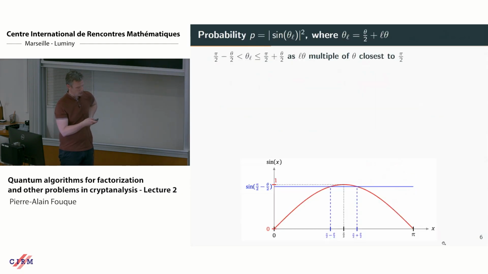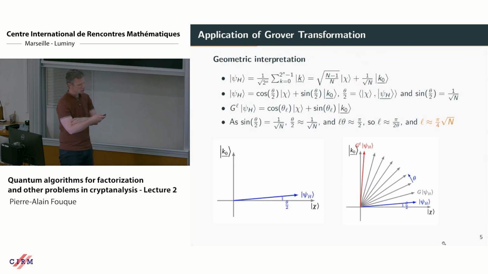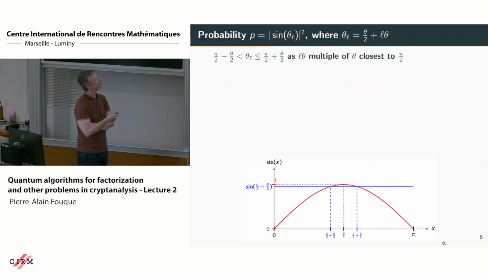Now I have to compute exactly what is the probability to observe the state at the end. The probability to observe ket 0 at the end is given, in fact, by the square of this sine. So I need to compute sine of theta L squared. I know that theta L is close to pi over 2, shifted by theta over 2. Here I show you the sine, and here pi over 2.